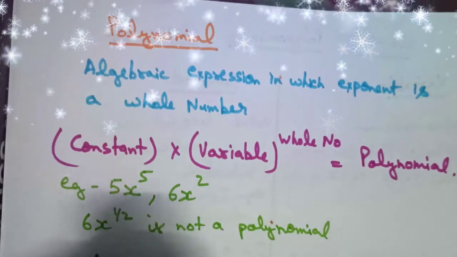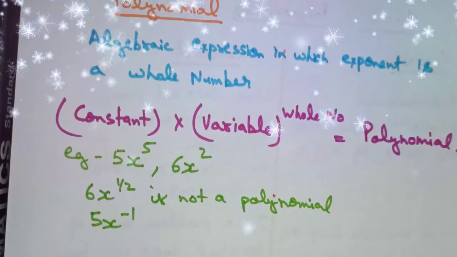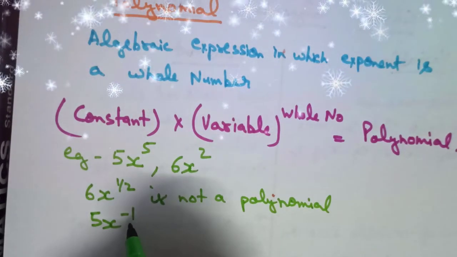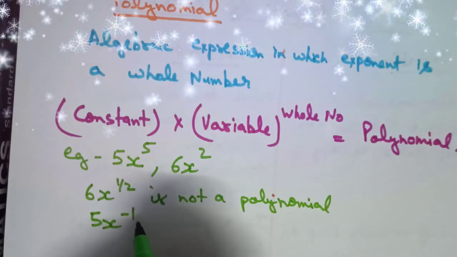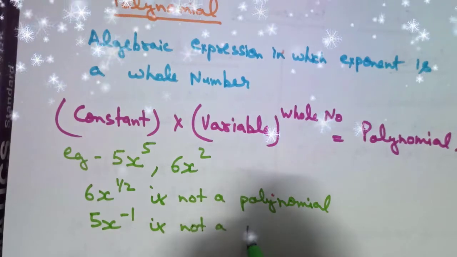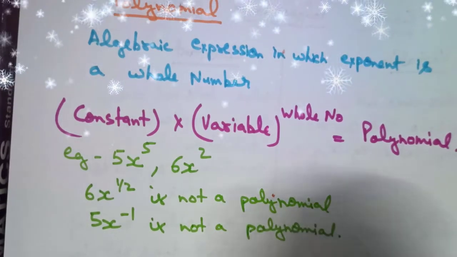Similarly, if we take for example 5x raised to the power minus 1, here the exponent or the power is minus 1. That is also not a whole number, so it is also not a polynomial. I hope you have understood the concept.